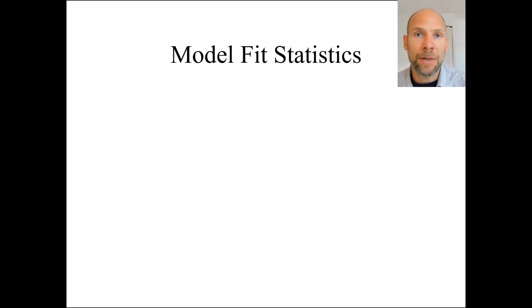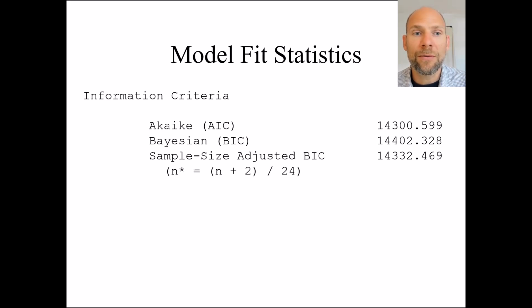Typically we would estimate a 2-class model, 3-class model, 4-class model, 5-class model, and then compare the fit of those. And so one common approach is to look at information criteria, which programs like Mplus output by default. For example, the Bayesian information criterion BIC is often used. Those scores have no absolute meaning for a given model, but they are useful to compare different models.